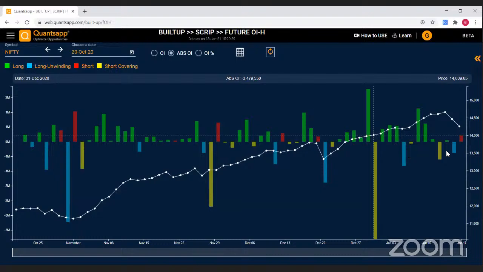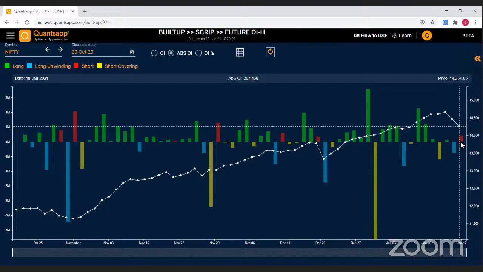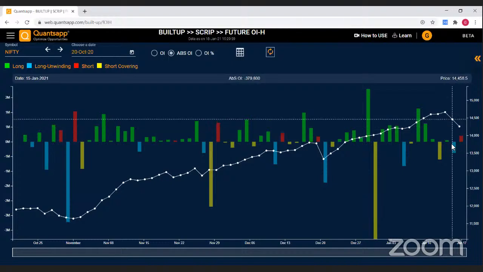This is what it gives me here. If I look today, the absolute OI increase is around 2 lakh. The day before, on the 15th of Jan, the absolute OI declined by around 3,80,000, and today's OI increase on the short side is only 2,07,000. So the quantum of build-up that is happening here, you should be looking into.